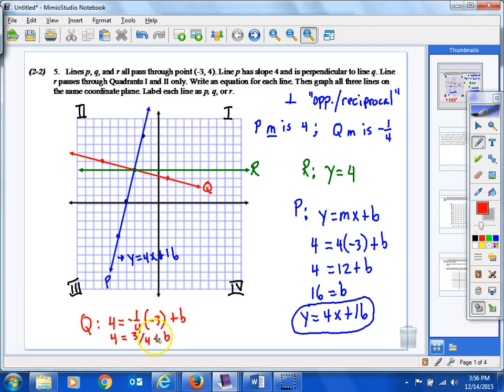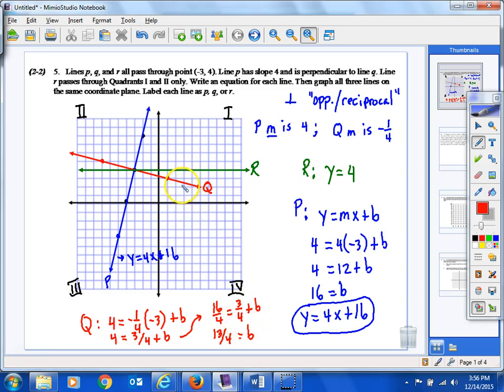It's just -1/4 times -3. And if we go ahead and change 4 into 16/4, I'll just write it up here. 16/4 equals 3/4 plus b, and we subtract 3/4 from both sides. We get b is 13/4.